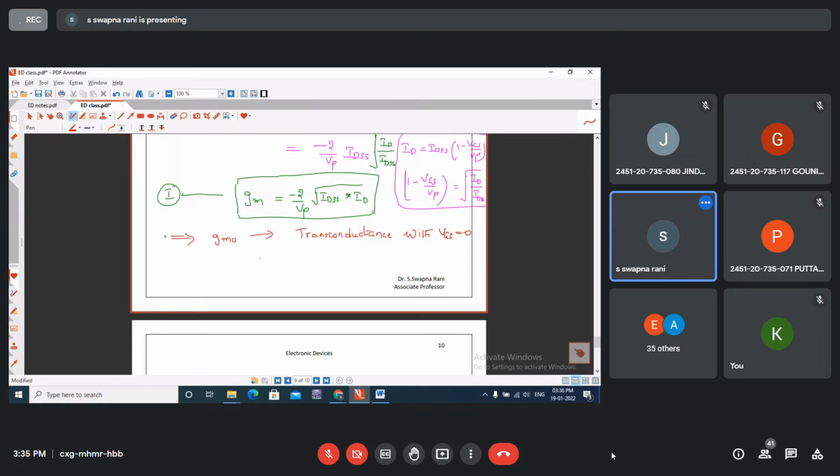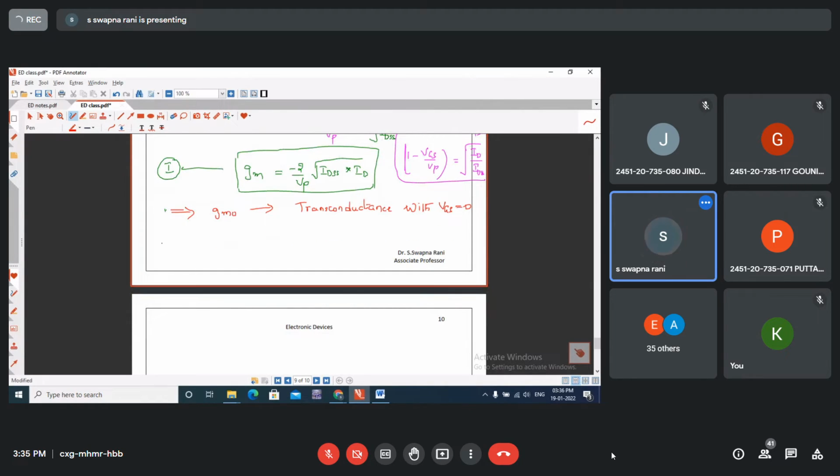So now the second expression, we will derive GM in terms of GM naught.